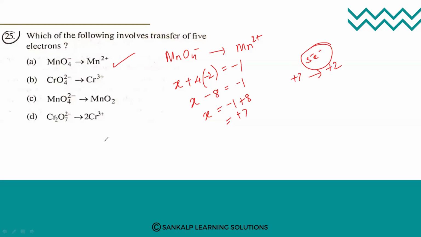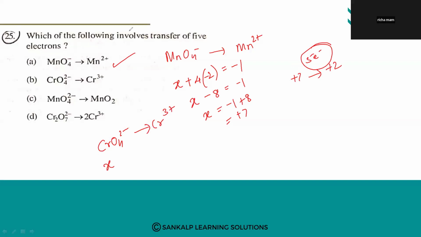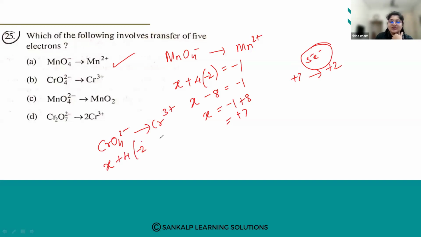If I show you the second one, CrO4 2 minus to Cr3 plus. Here chromium is x plus 4 oxygen atoms, each oxygen is minus 2, and the whole charge is minus 2. So x minus 8 equals minus 2, so x equals minus 2 plus 8, which is 6.